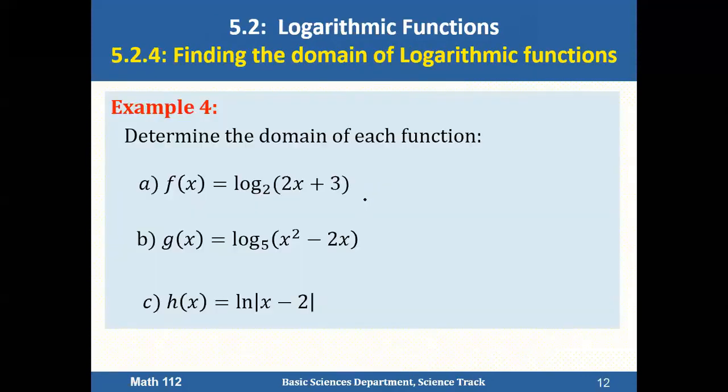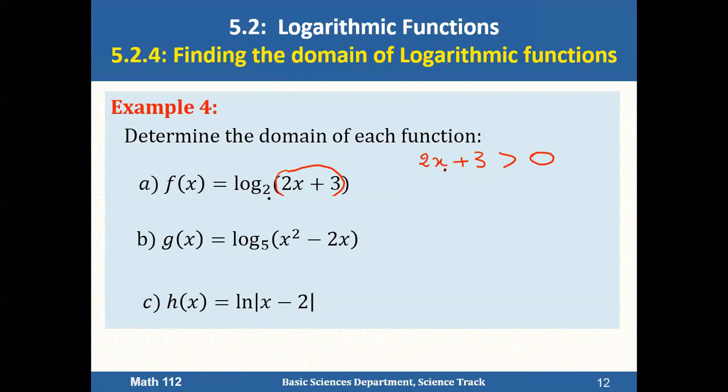So let's see how to find the domain of a logarithmic function. What is the domain of this function f? To find the domain, we said the argument must be positive. 2x plus 3 must be positive. So here we have to solve a linear inequality.